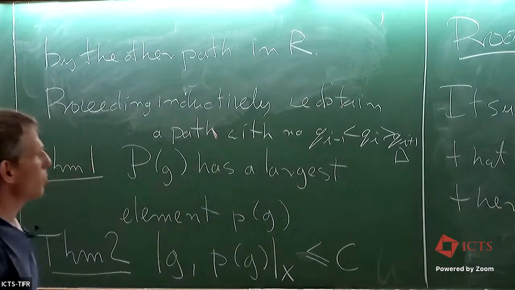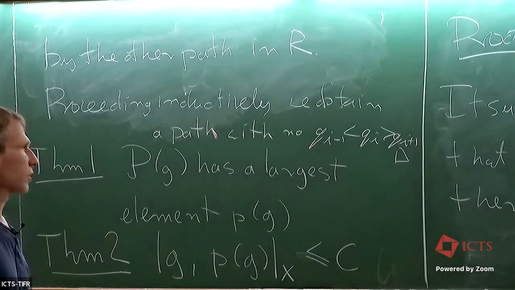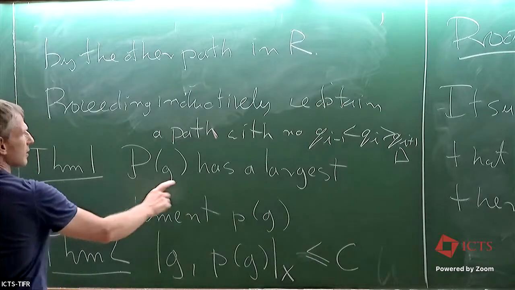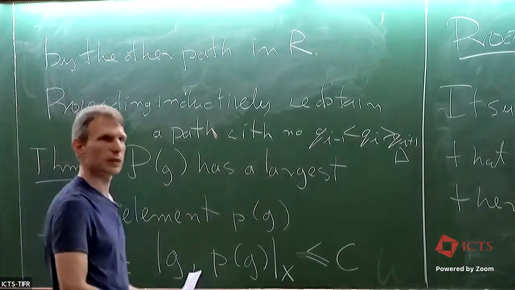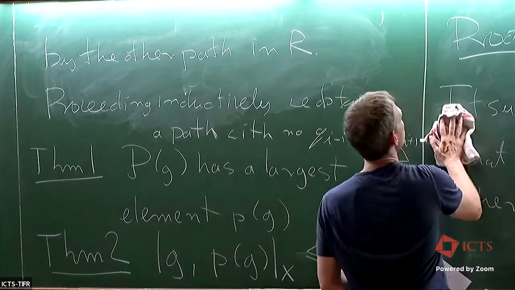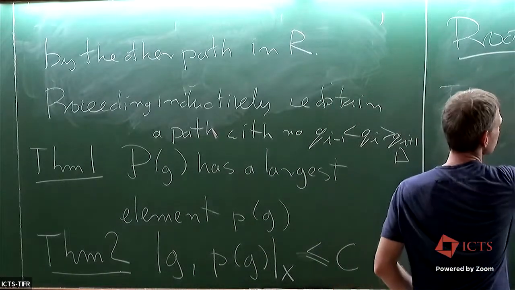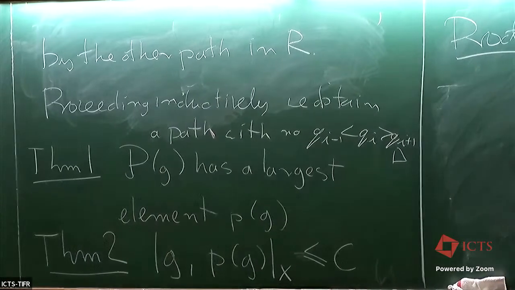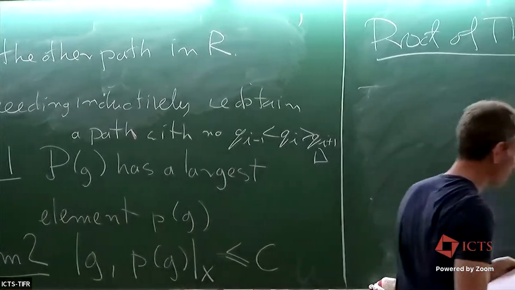So in this theorem, we produce the smallest element of the component Q, and let me justify now how this produces the largest element of P. So let's deduce theorem 1 from theorem 2. Now we will prove theorem 1.